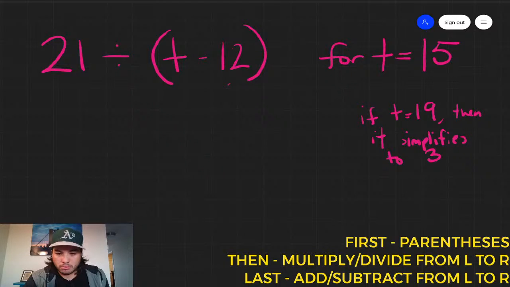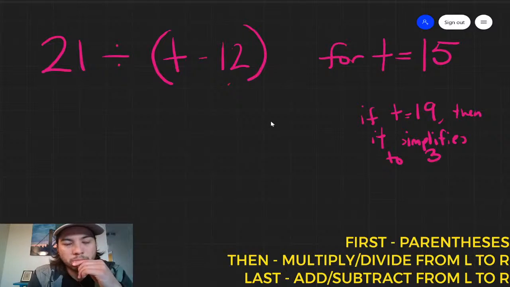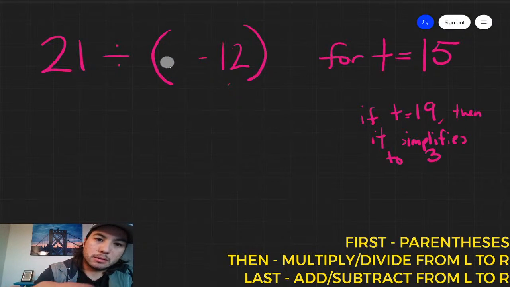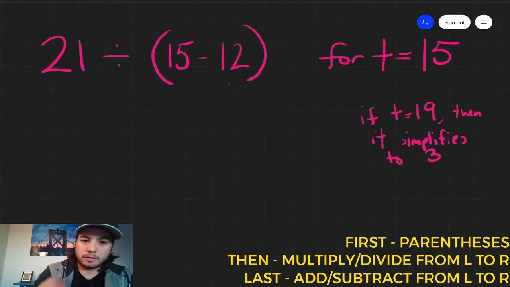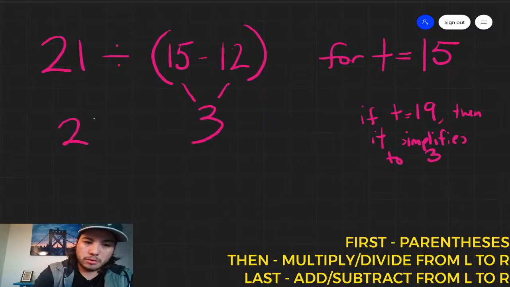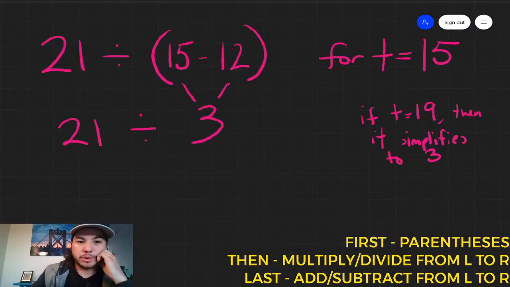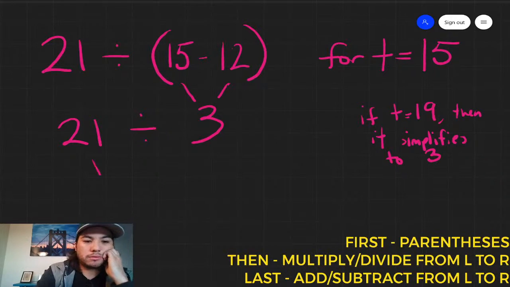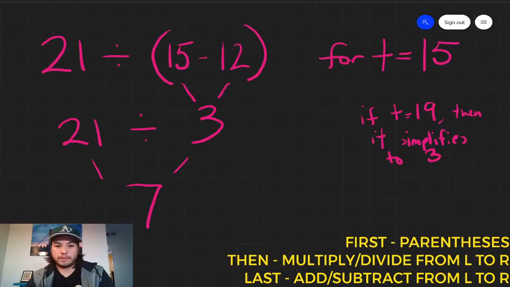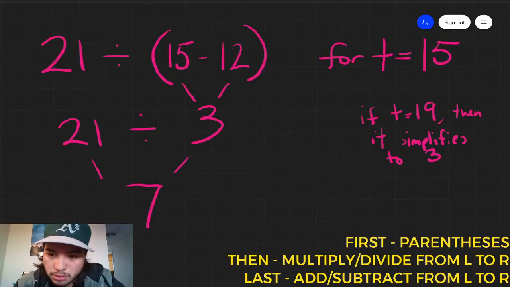Erase, substitute in your 15, and then solve. 15 minus 12 equals 3. 21 divided by 3 equals 7, or 3 times 7 equals 21 to check it. Okay, so if t equals 19, then it simplifies to 3.